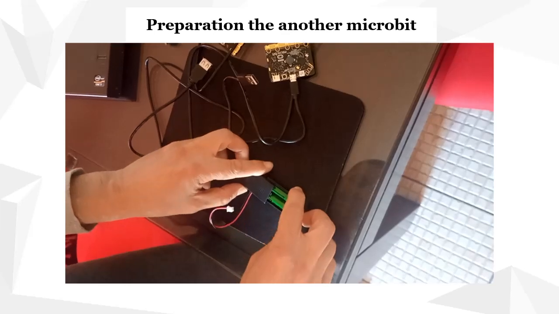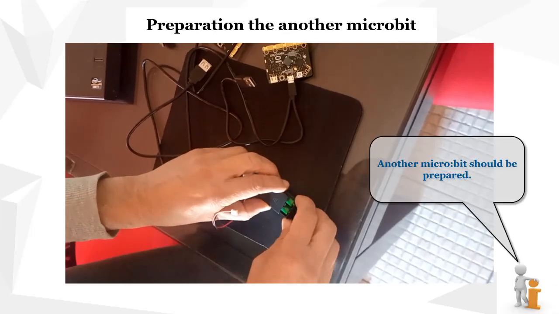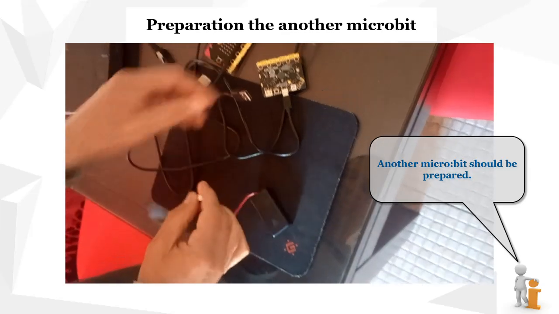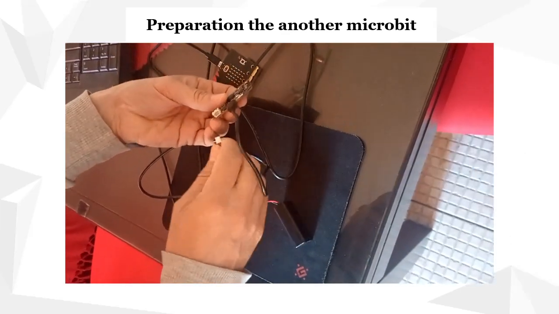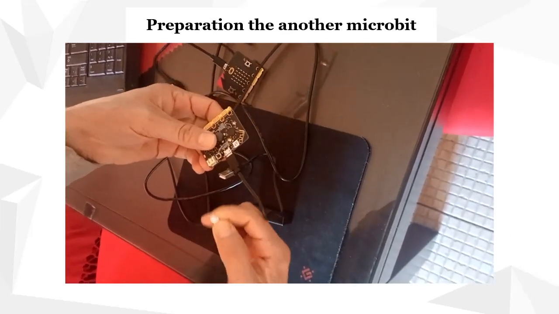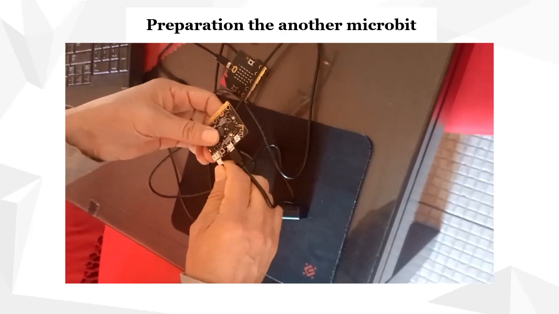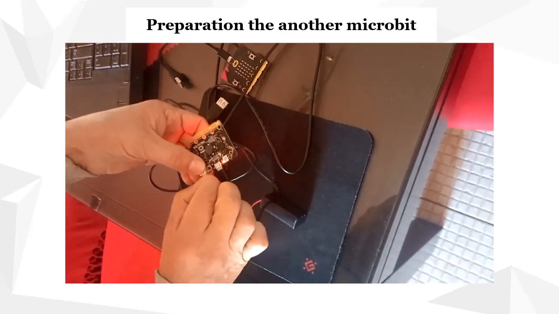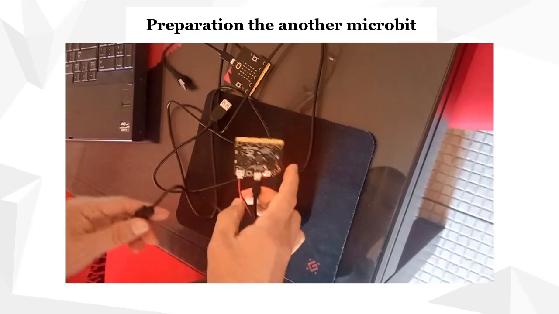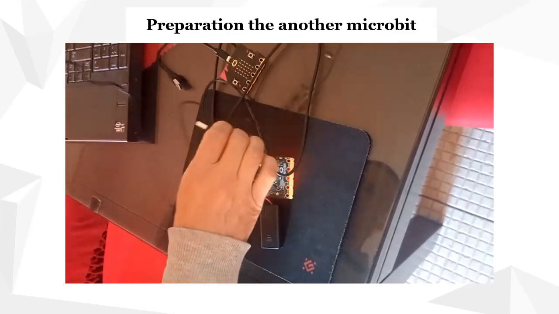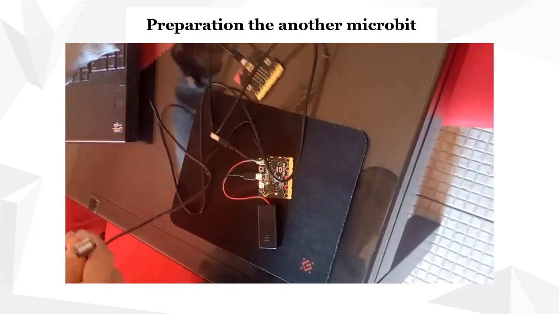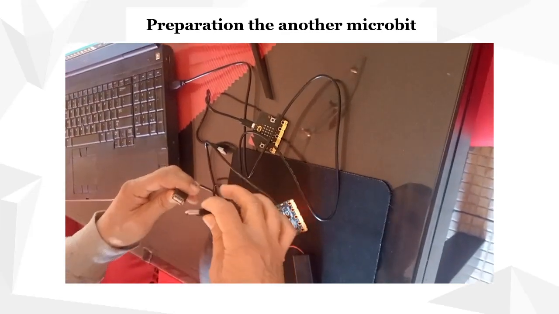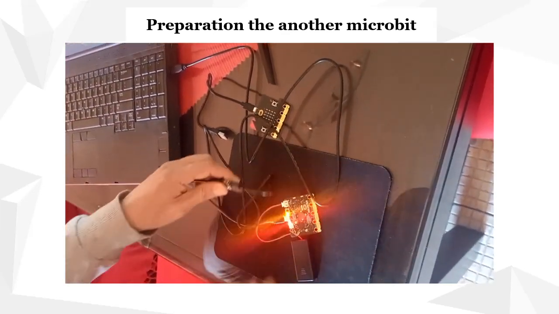Let's look at how to prepare the other microbit. Let's put the batteries inside. Let's connect this microbit with the computer. This is necessary because we want to copy our program onto the Microbit first.